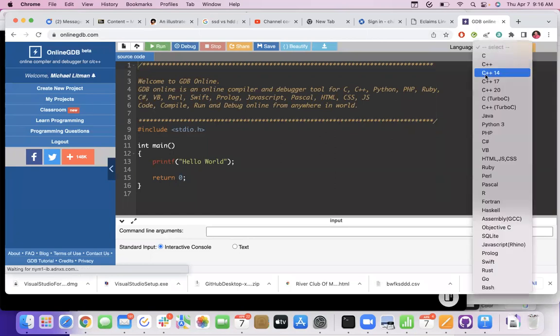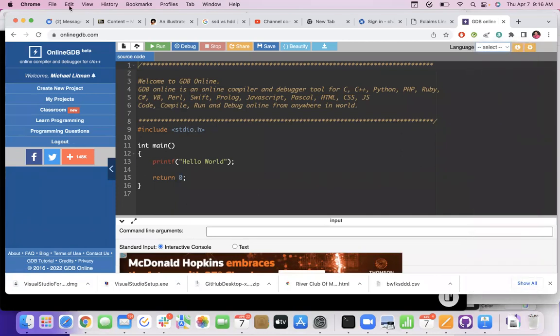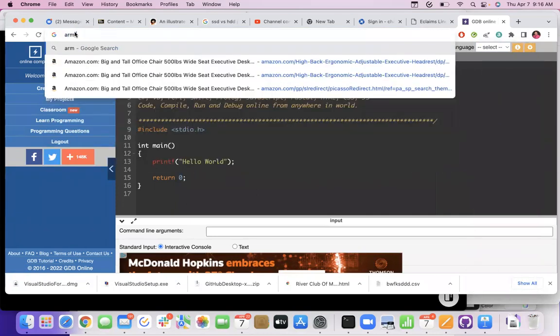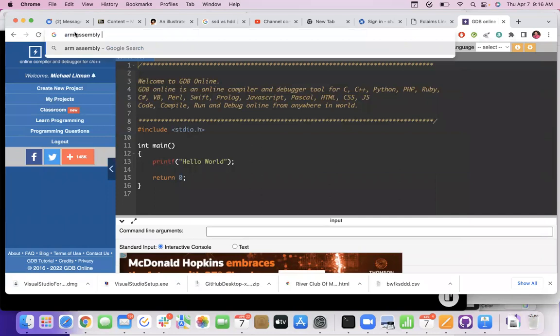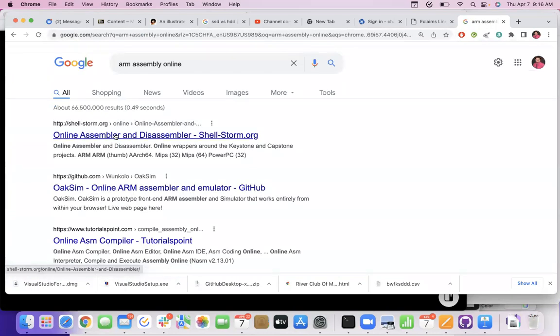Let's see what assembly we have here. This is going to be i386 assembly. Online assembler and disassembler.